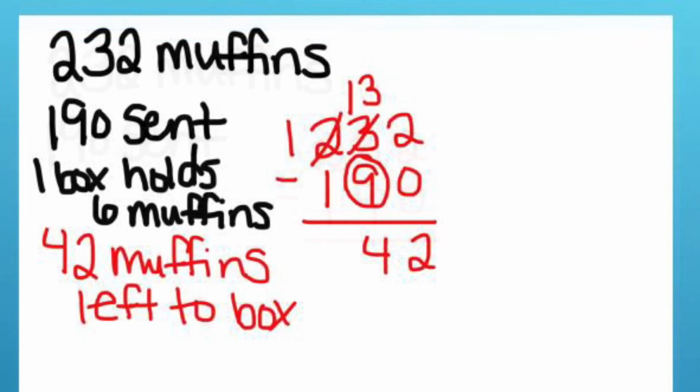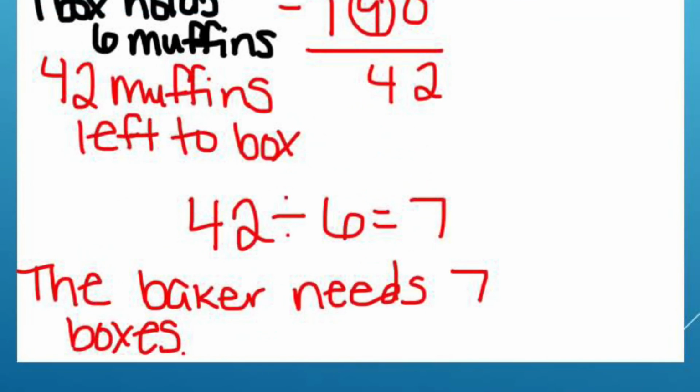Once I've subtracted 232 minus 190, I find that I have 42 muffins left to box. I also remind myself that one box holds 6 muffins. Since one box holds 6 muffins, that means that I need to take the total remaining muffins, 42, and divide it by the 6 muffins that go into each box. So the baker will need 7 boxes.